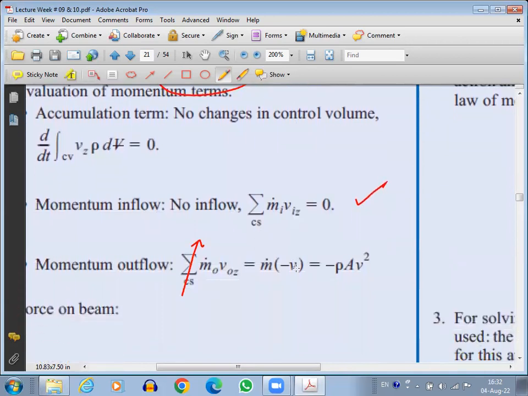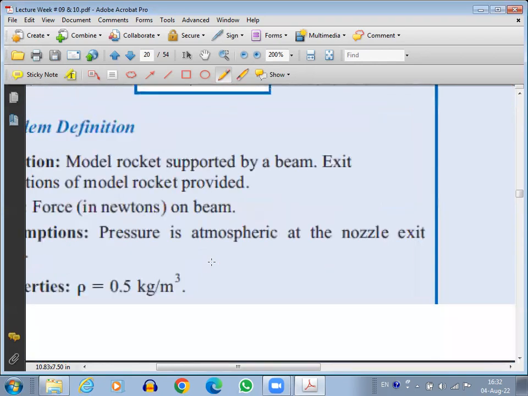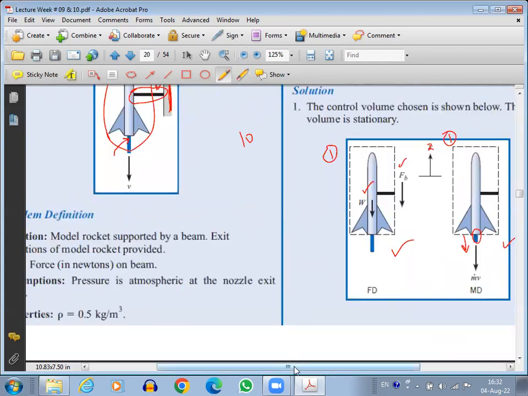The next thing is that we have here m dot. Okay, velocity in the z direction will be in the negative z direction. So you look here in this diagram, it will become very clear.